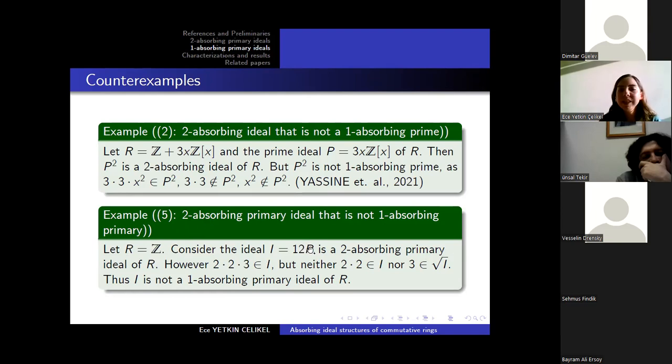But this is not one-absorbing primary. Indeed, 2 times 2 times 3, this is 12, an element of I, but neither 2 times 2, this is 4, an element of I, nor 3 is an element of the radical. This is 6Z, of course.